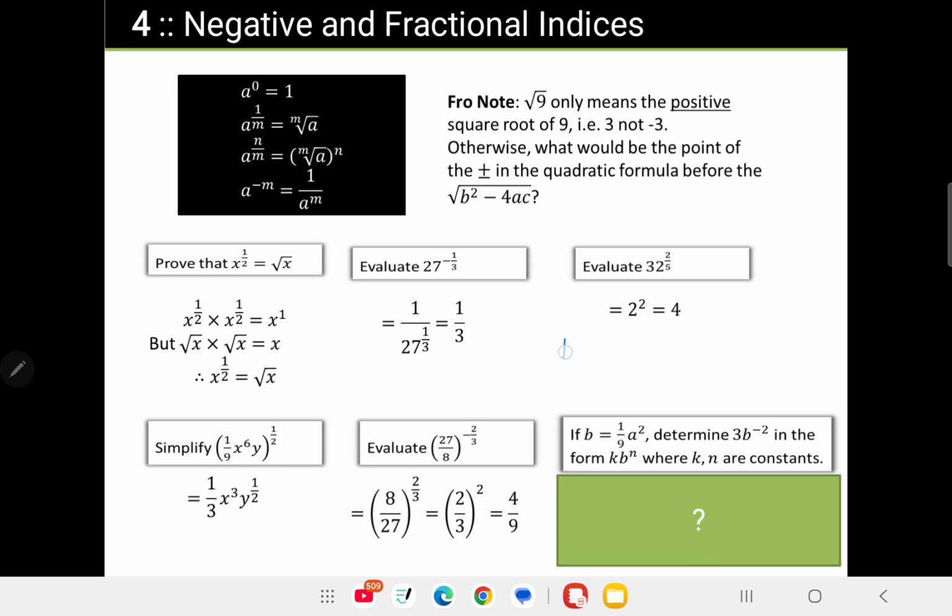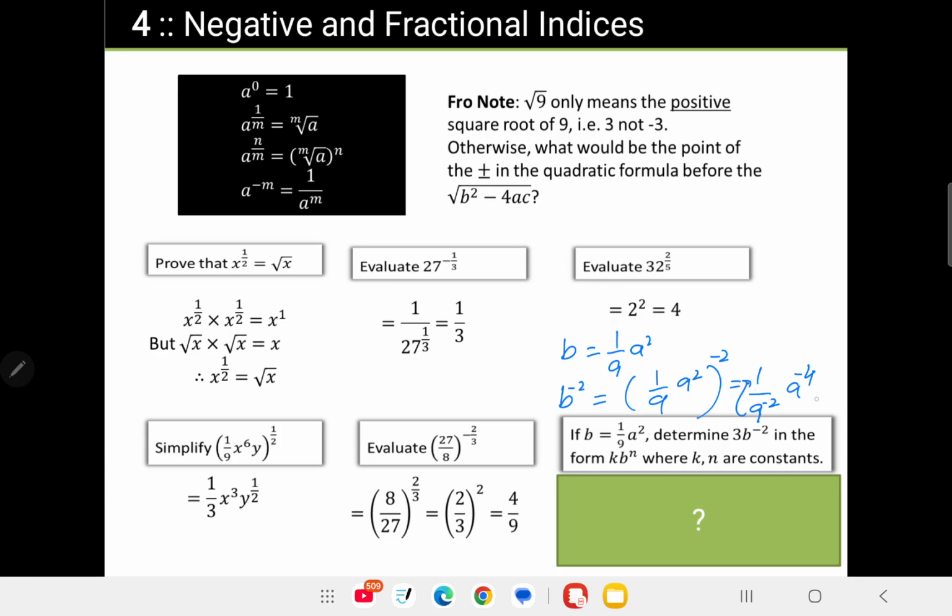So consider b equals 1 over 9 a to the power 2 again, and apply the power minus 2 on both sides: b power minus 2 equals 1 over 9 a power 2, whole power minus 2. So if you apply any power on 1, don't mind, so a power minus 2, 9 power minus 2, and a to the power 2 times minus 2, which is minus 4.